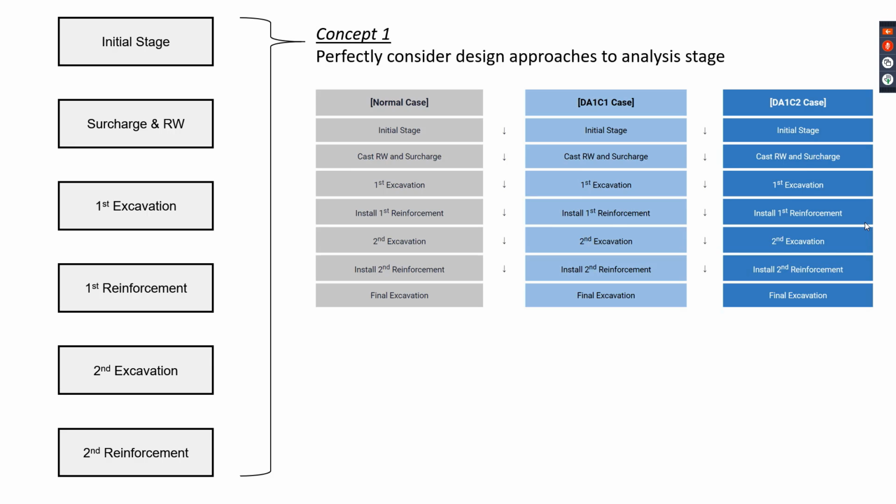In concept number one, you fully consider the design approaches in the analysis stages from start to end. In this concept, you need to create three analysis files, one for each approach: normal, DA1C1, and DA1C2.